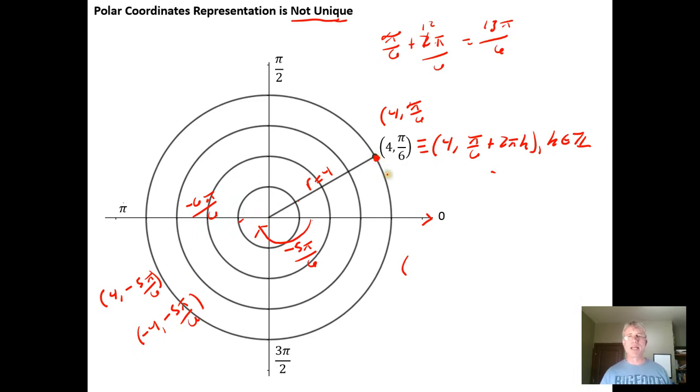Kind of a non-standard way of representing it, but it's also a representation of the point. The idea is rotate 180 degrees out so you get a reflection through the origin, and then negate the radius to reflect yourself back through the origin to that point. Reflection through the origin is the same as a 180 degree rotation. So that's a basic overview of polar coordinates, and then we'll go more in depth in subsequent videos.